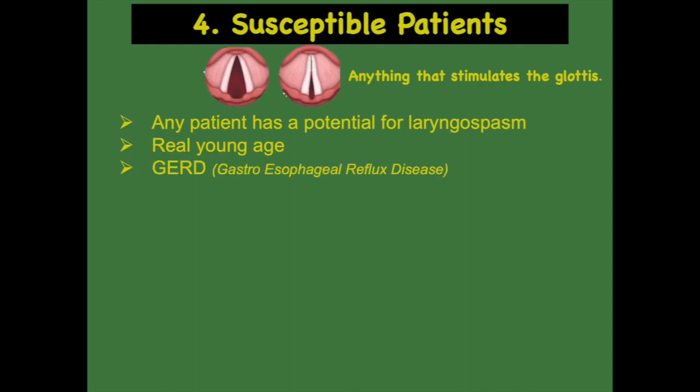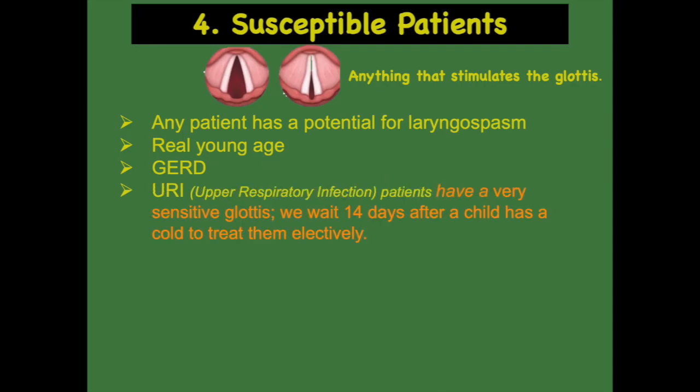A patient with GERD can have laryngospasm occur. GERD is gastroesophageal reflux disease. A patient with an upper respiratory infection is especially susceptible and has a very ticklish and very spasming, ready to spasm glottis because of the cold that they've got, their upper respiratory infection.